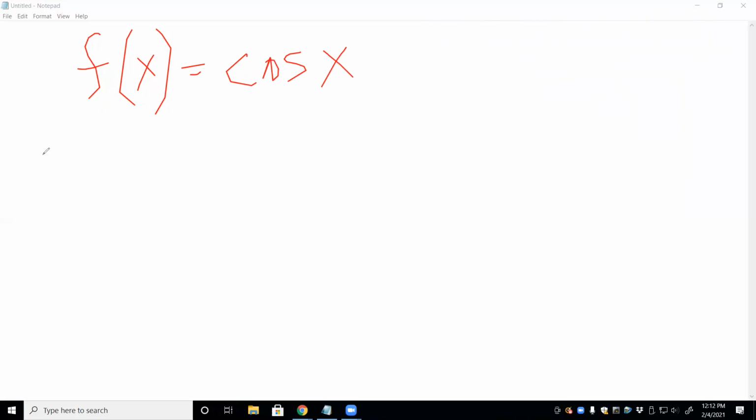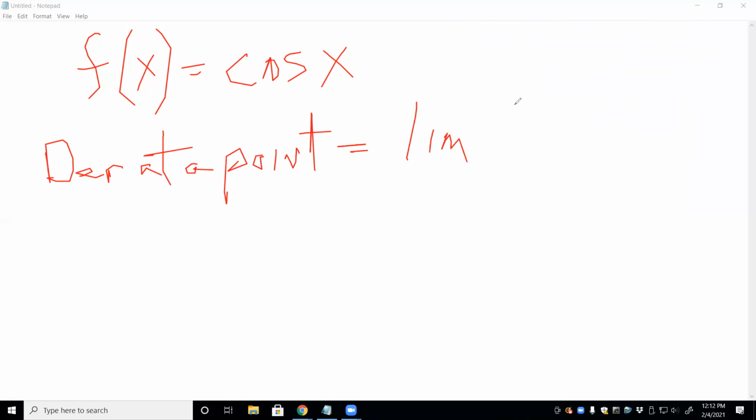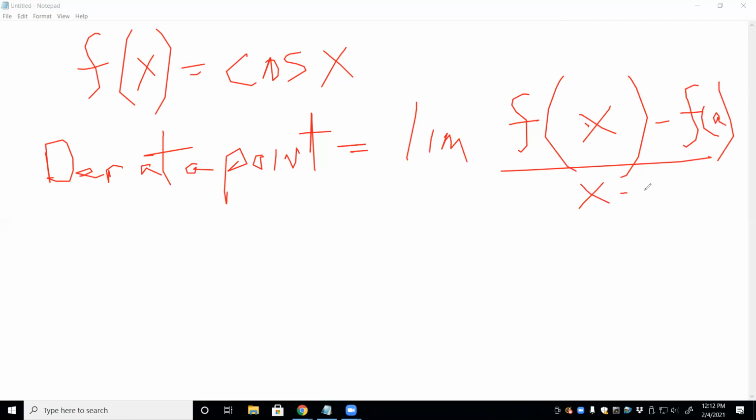Where the derivative at a point, instead of the derivative of the function, is equal to the limit of f of, what is it? I use it so seldom. So it's f of x minus f of a over x minus a, as x approaches a.